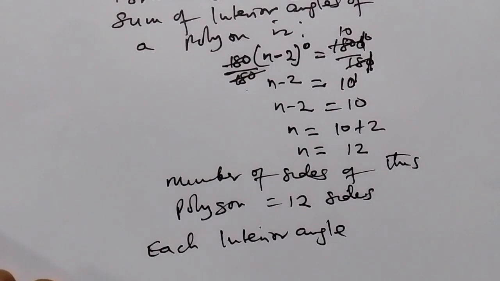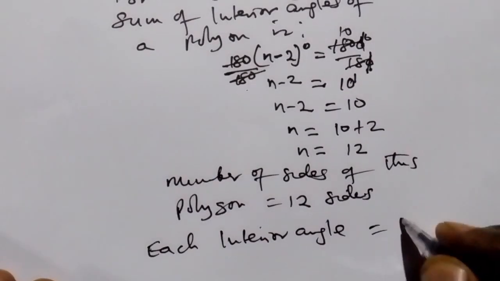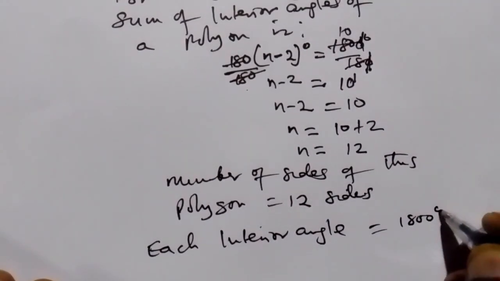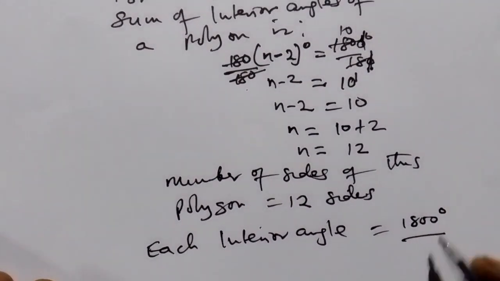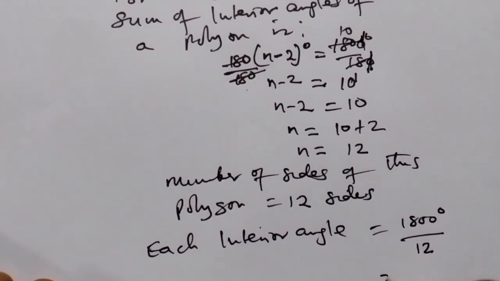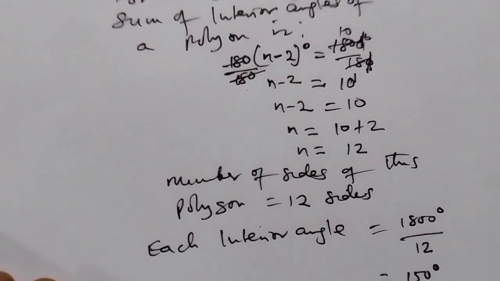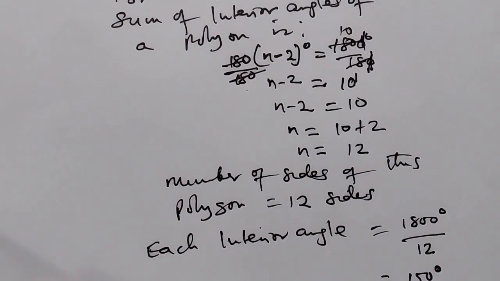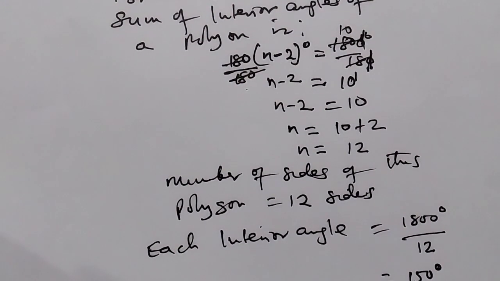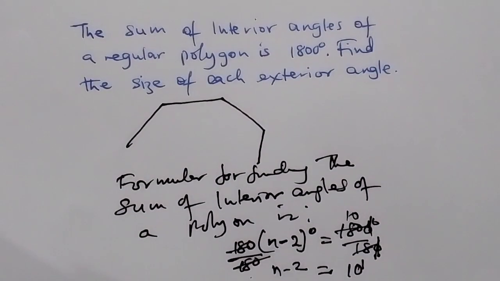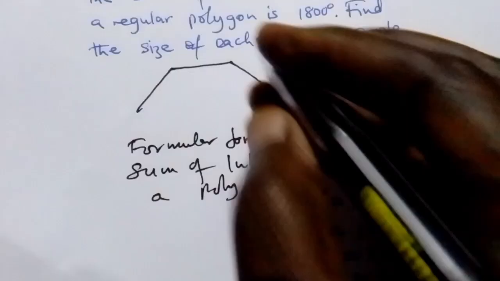We are given the total interior angle to be 1800, so it will be 1800 degrees. We divide by the number of sides, which is 12, and that is going to give us 150 degrees. So each of our interior angles is 150 degrees.